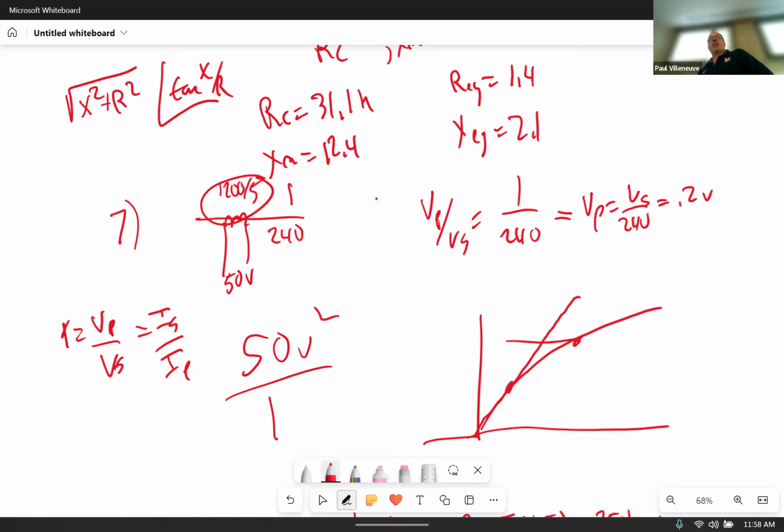The power triangle stuff, I wouldn't get too worried about. We'll get a lot of practice because we do power triangles a lot in this class, and if you follow on, we do it all the time. It's not a really complex topic. You just have to remember how to do it.